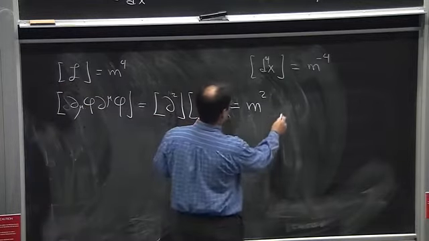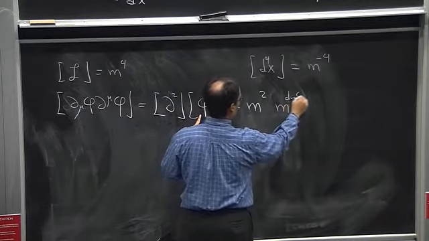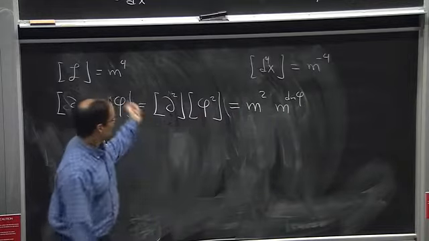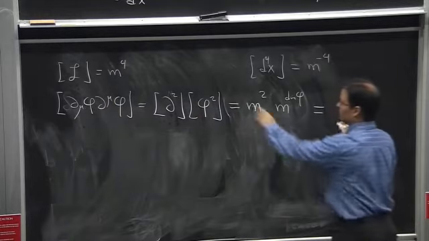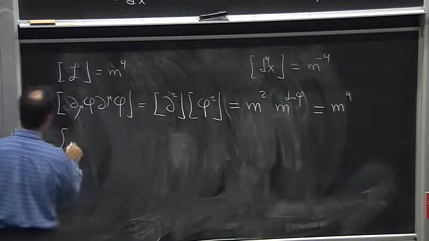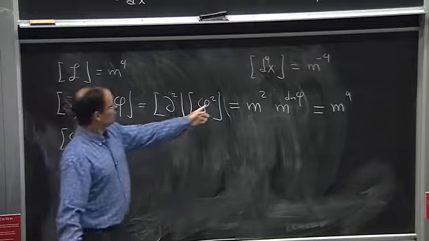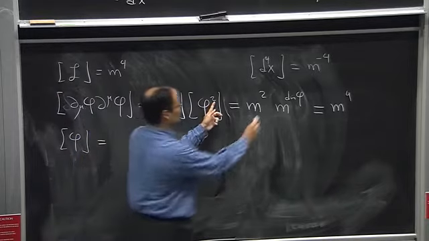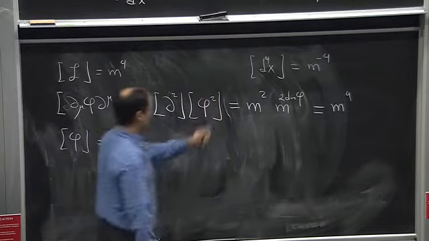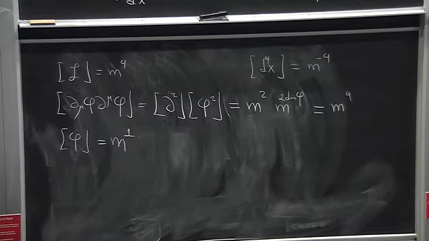Whatever the dimension of this thing is, let's put it here, the dimension of phi has to be equal to the dimension of the Lagrangian density, which is 4, and therefore the dimension of phi must be, sorry, there is a 2 here, right? So this is 2 times the dimension of phi, and therefore the dimension of phi has to be dimensions of mass.